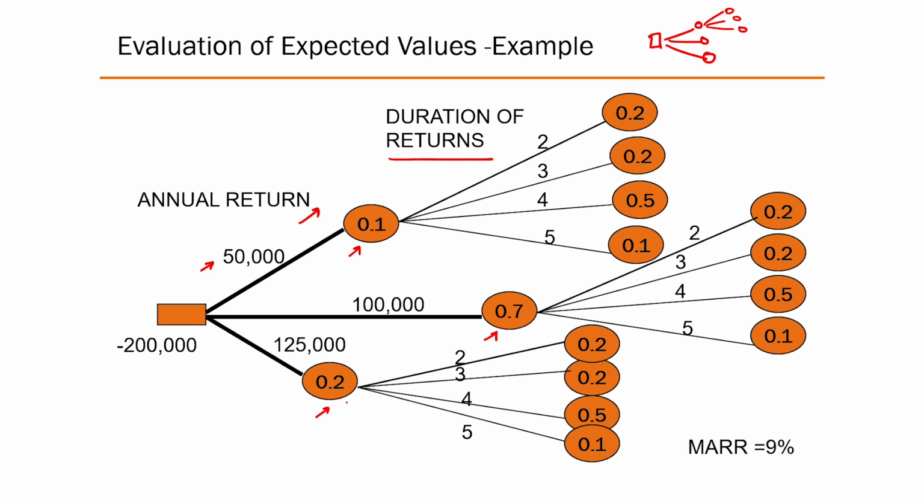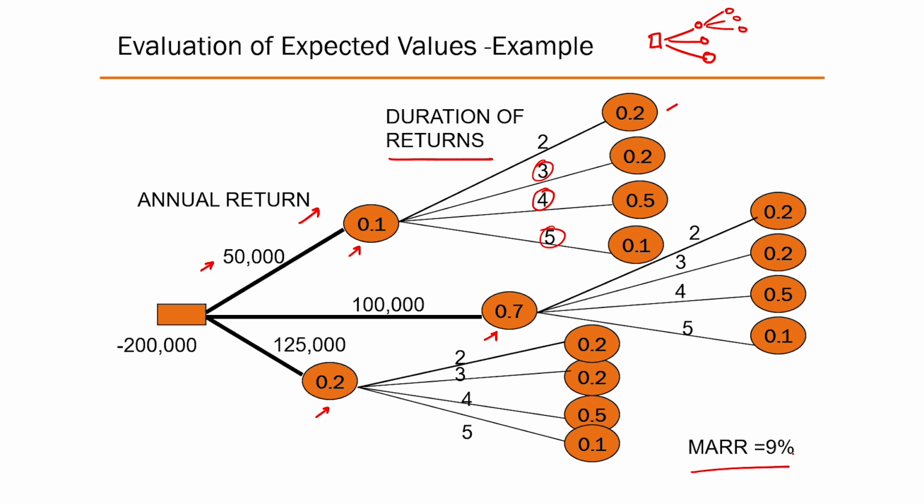And given these conditions, there is a 20% chance that duration of the project would be 2 years, 20% chance that duration is 3 years, 50% chance that the duration is 4 years, and 10% chance that duration is 5 years. And this is same. MARR is given to be 9%. Okay. So this is the structure that we are trying to solve.